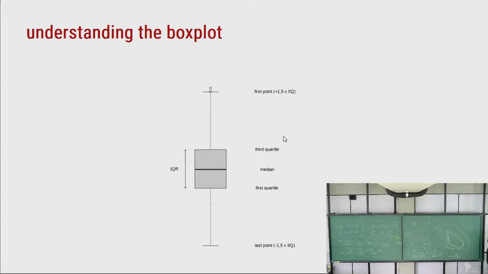The first quantile is the bottom of the box. The third quantile is the top of the box. The length of the box is the interquartile range.